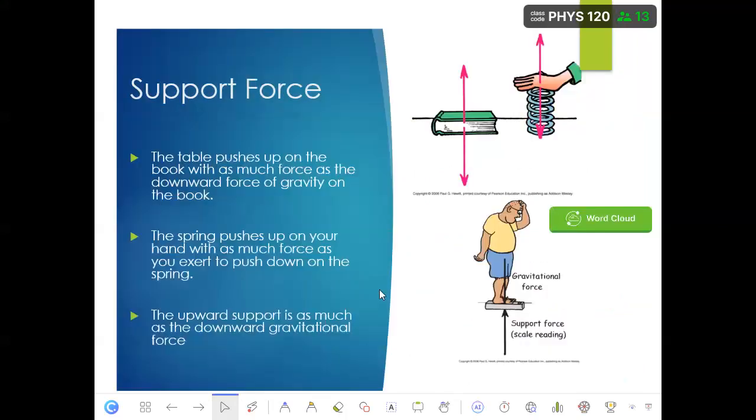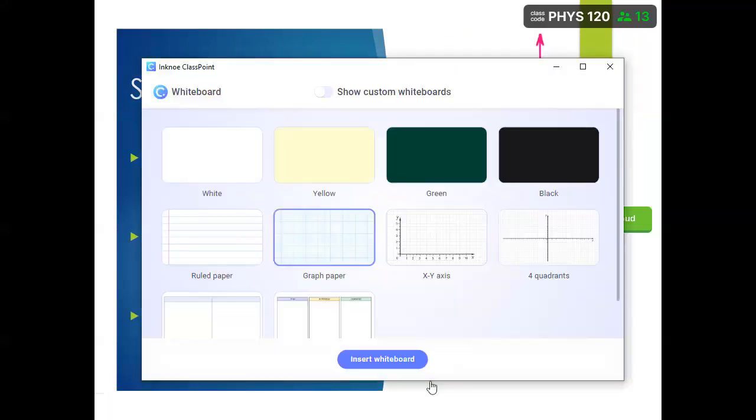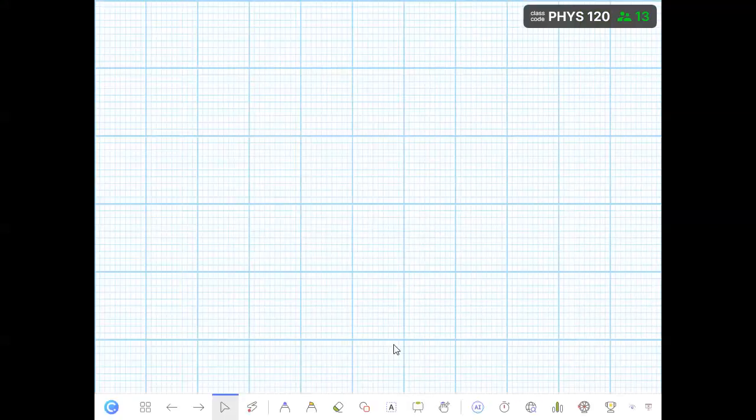So here, let me talk about all the forces that we need to know. Let me open a new page. The first force is the applied force, yes?